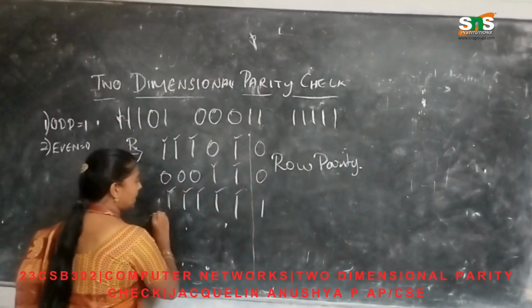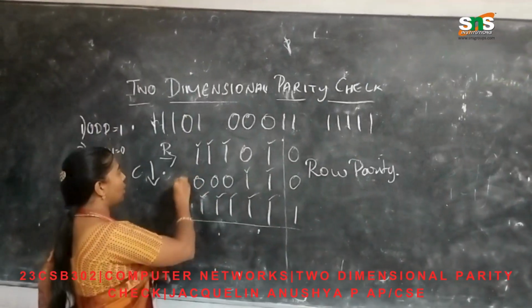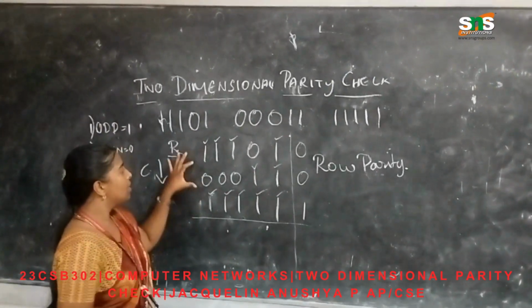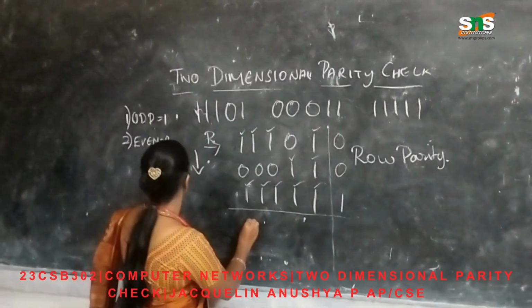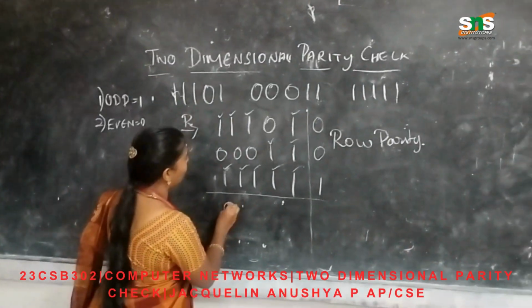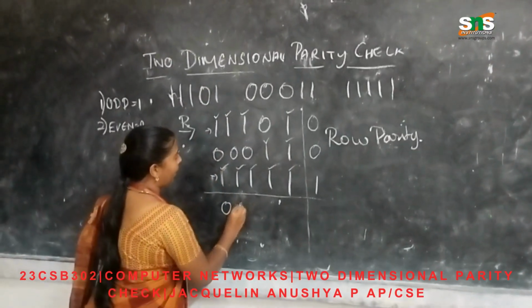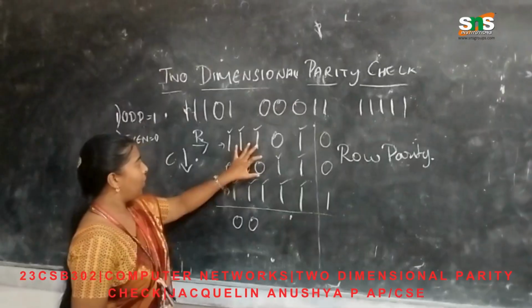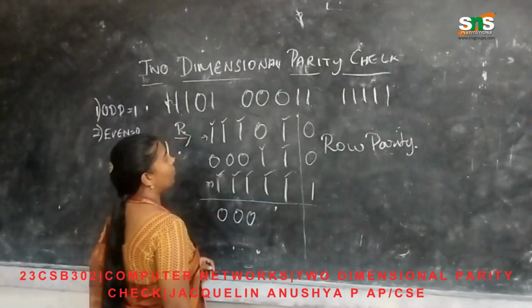Now in the same way we have to take the column parity, which is your column going downwards. Over here we have only 2, that is even, so that is 0. Over here also we have 2, so we write 0. Over here also we have 2, so we write 0 over here.